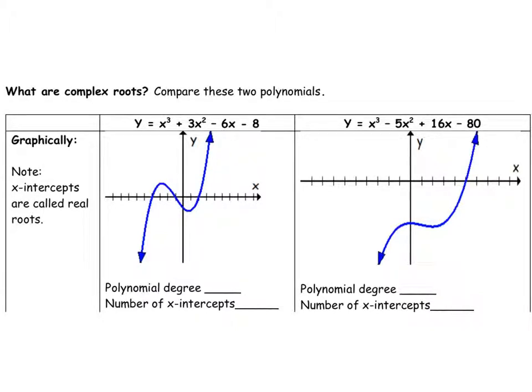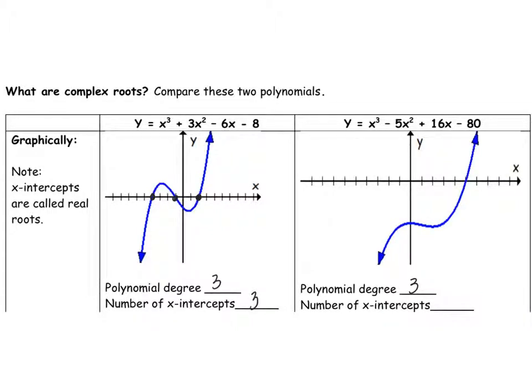So if we are looking at 2 different equations, these are both 3rd degree polynomials, so we know that much about them. So this is a 3rd degree, which means we're going to have 3 roots. Now, in one case, we have 3 real roots, places they actually cross the axis. So we've got 3 x-intercepts.